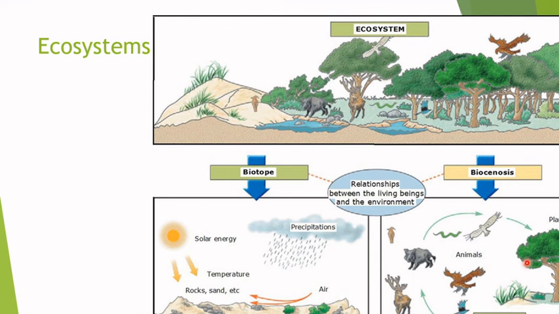For example, when we consider all the individuals of one species in an ecosystem, that is what we call population. Okay, so population is all the individuals of the same species in that ecosystem. Okay, well, all these living things are what we're going to call the biotic factor of an ecosystem.